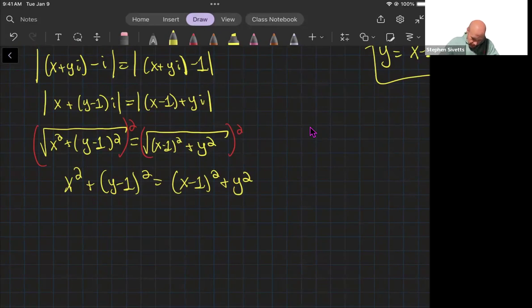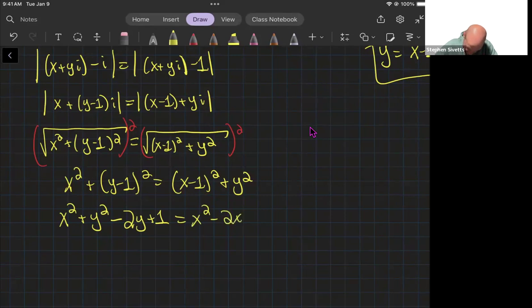If we FOIL out this term and this term, we get x squared plus y squared minus 2y plus 1 equals x squared minus 2x plus 1 plus y squared.